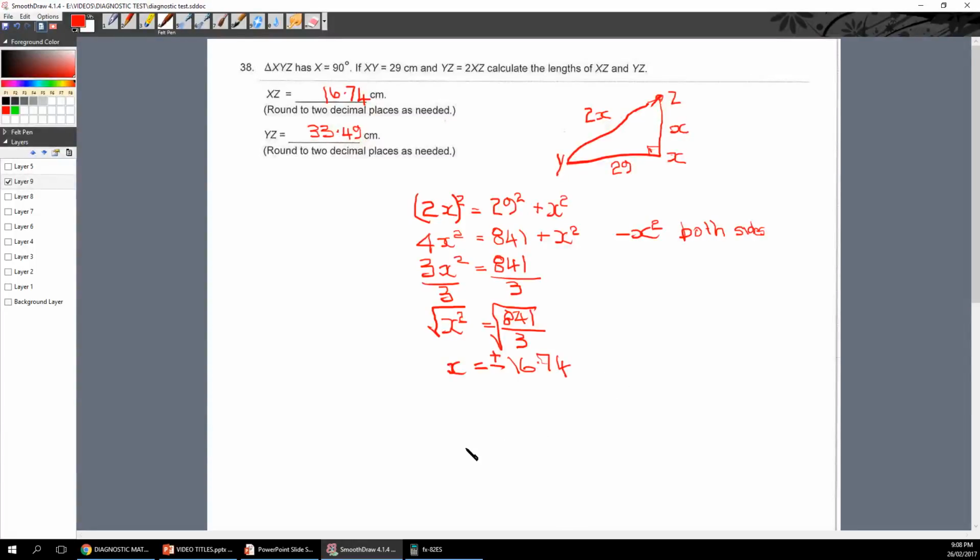So that's 16.74, and then we can say that that's equal to ZX, I think, or XZ, doesn't matter, and 2x equals 33.49, and that equals YZ.